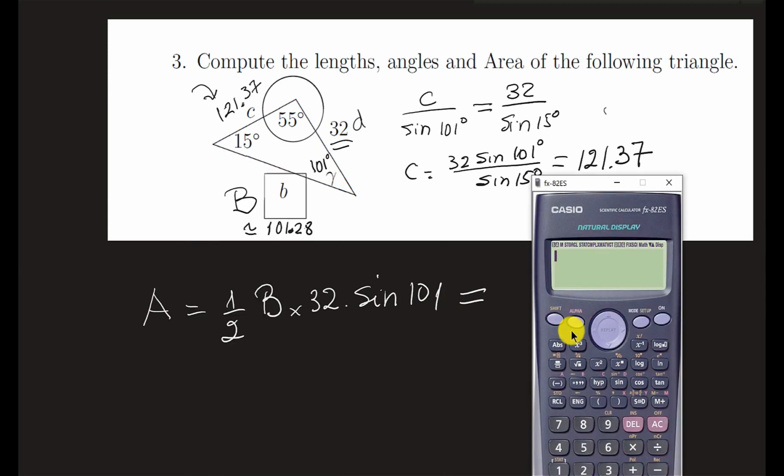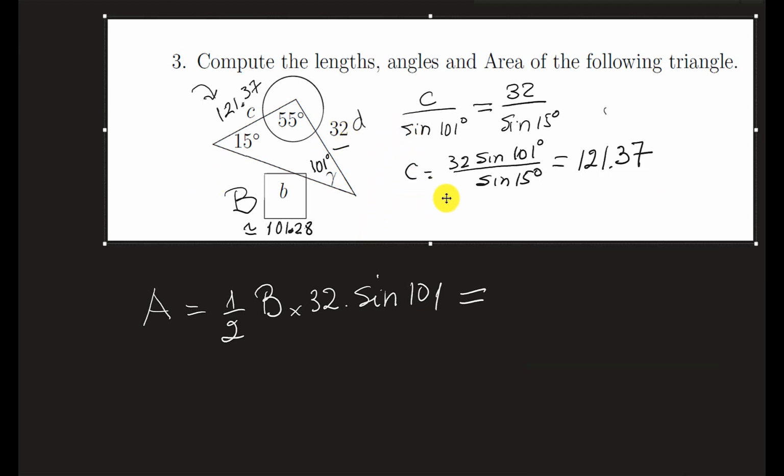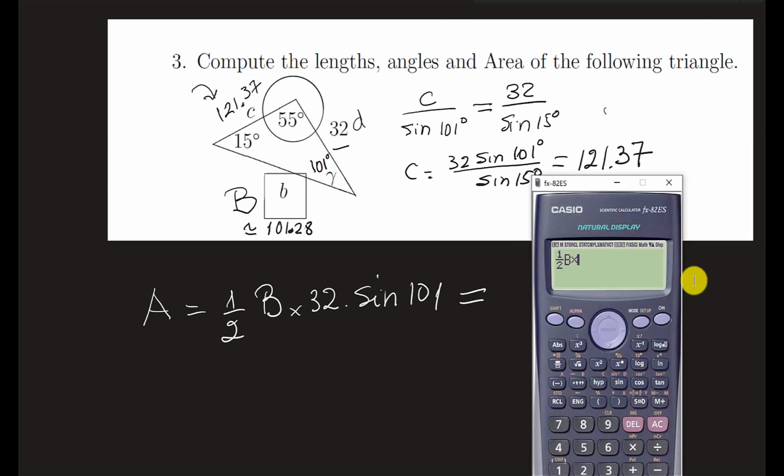This is the value of the area. Here it is: 1/2 times 101.28, but I prefer the value that is stored in the calculator, Alpha B, times the other side, 32, times the sine of the angle between B and D, times the sine of 101.